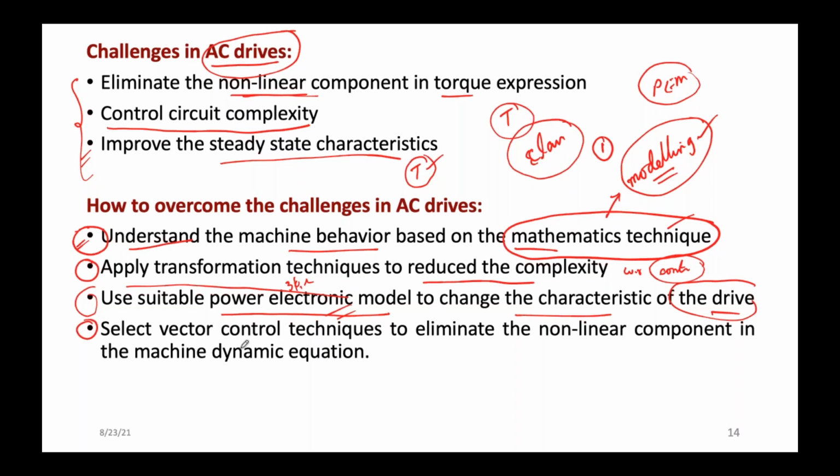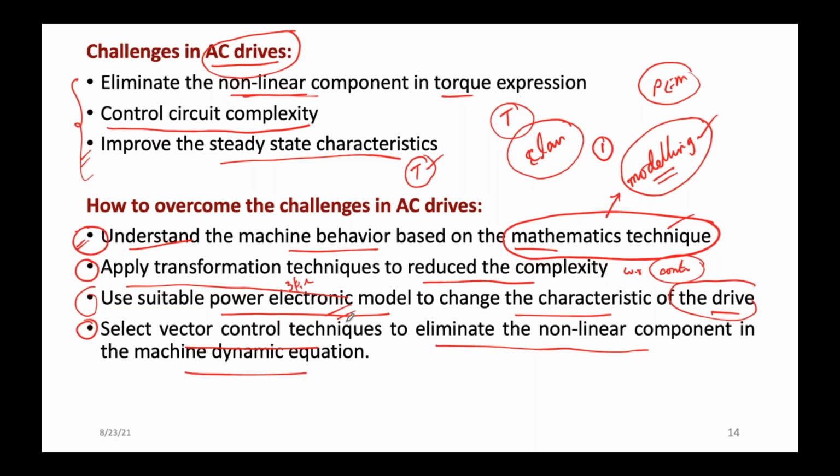Next, this is the important point. By selecting the vector control technique, we can eliminate the nonlinear component in the machine dynamic equation. What is the advantage? The main advantage is that we can improve the torque profile and control the torque instantaneously. In order to control the torque instantaneously, with respect to the control circuit, torque should be first order.